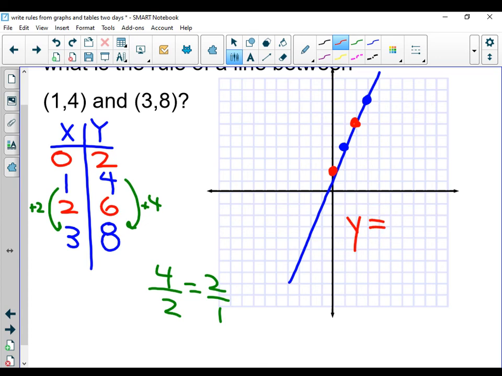Slope. Rise 2, run 1. Plus 2. Are you following me? The rain put everybody to sleep.